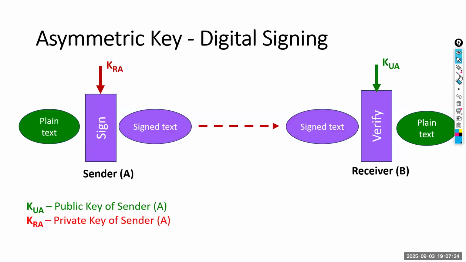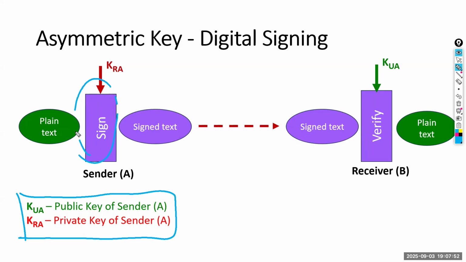So digital signing, same concept, but this time the keys are generated by the sender because the purpose is not encryption. Purpose is signing, authentication. So you get the digest of your original content and sign that digest using the private key. So then your public key is available for anyone who wants to verify whether it's coming from you.